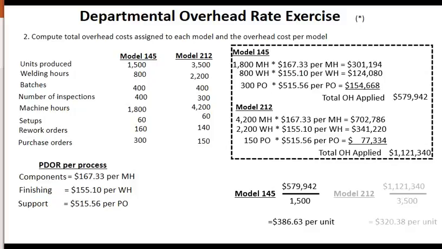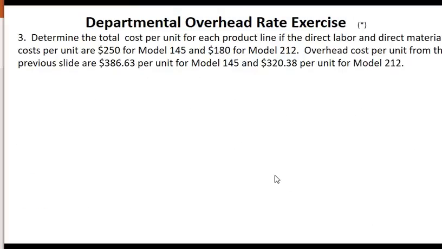In the case of model 212, I'm going to take $1,121,340, and I'm going to divide it by the number of units produced for model 212, which would be 3,500, and that's going to come up to total overhead allocated per unit of $320.38.